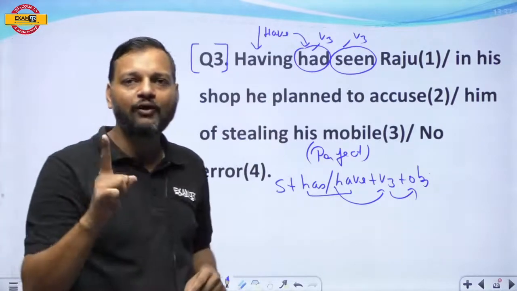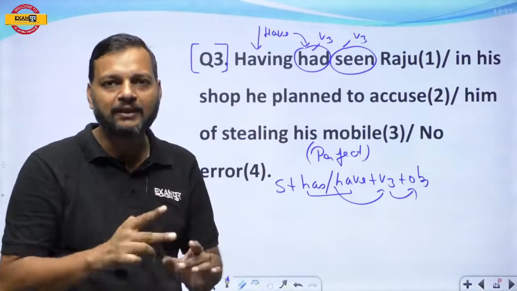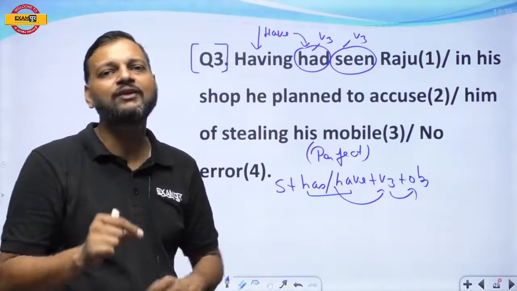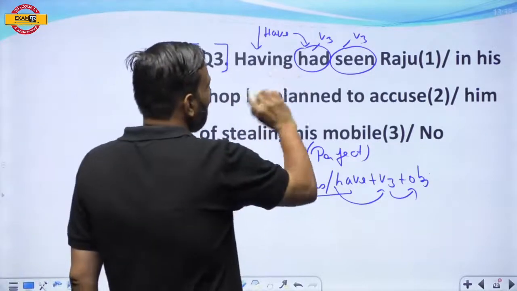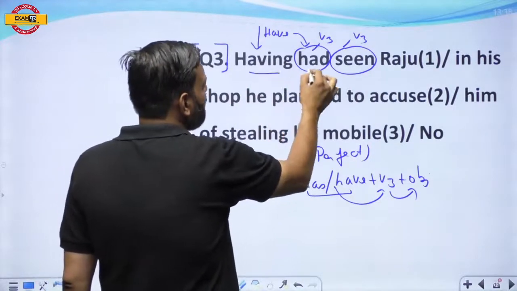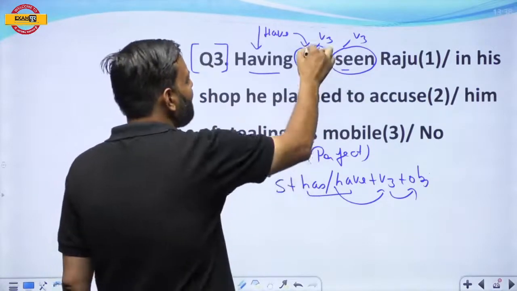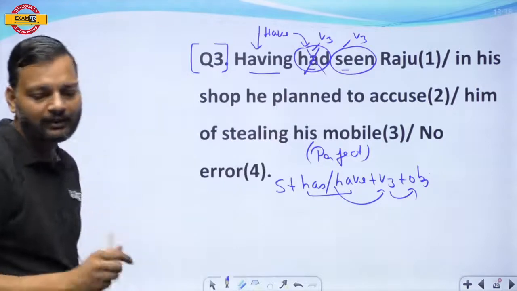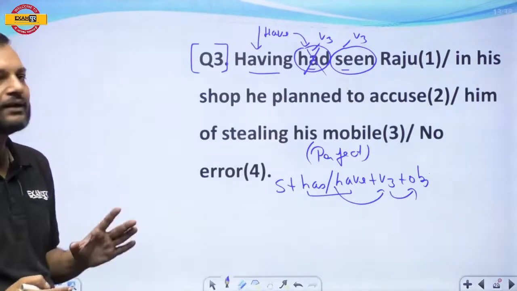There can be only one third form after have, except been. Only in the case of been we can use two third forms. So having is followed by two third forms, which is not possible. That means we have to remove had. Having seen will be the correct answer.